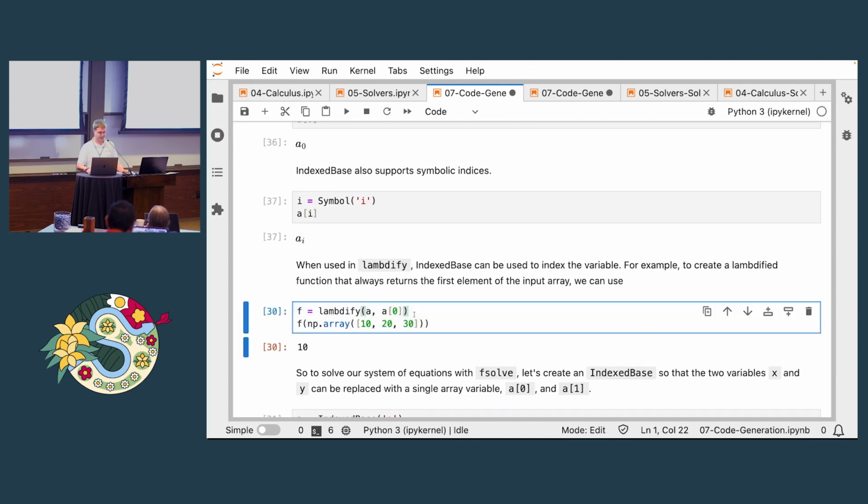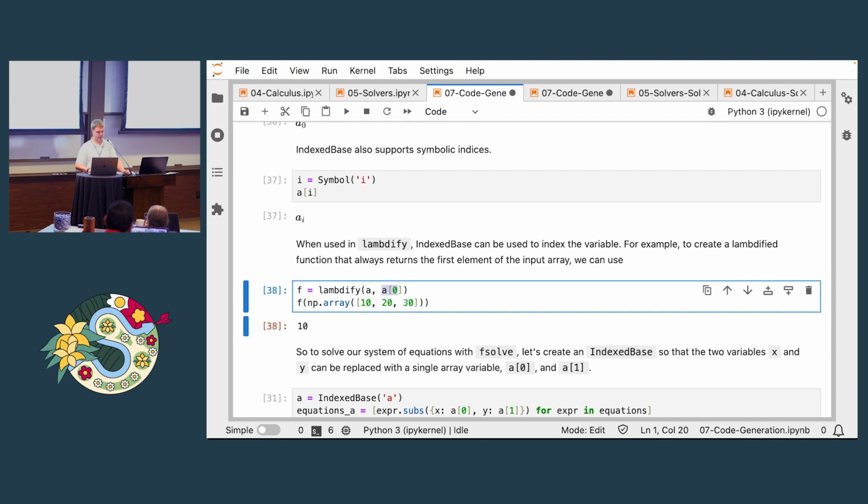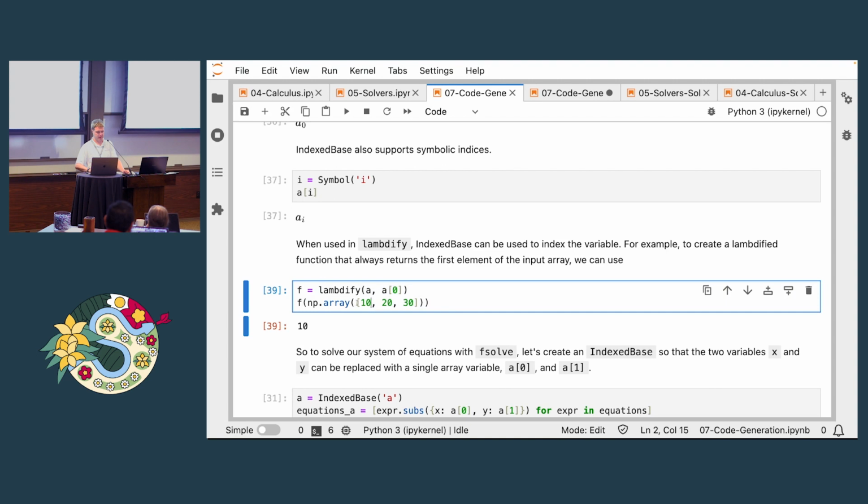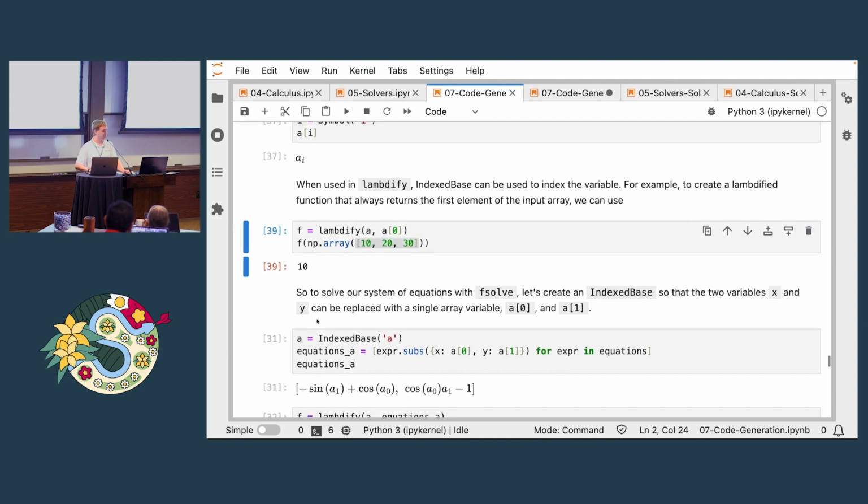The nice thing about IndexedBase is when you mix it with the code generators or with lambdify, you can now lambdify something like a[0]. This creates a function that will access the first element of what you pass to it. So this a[0] function evaluated on the array 10, 20, 30 returns 10.